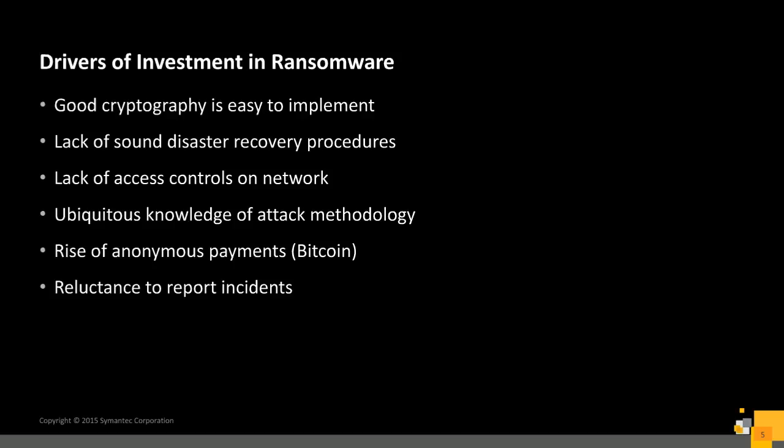So, why are we seeing this increased activity in ransomware? Obviously, actors are smart and they recognize a minimal or very low risk versus high yield environment, which is what we have today. They know your environment and they know how you'll probably respond to it. Cryptography is easy.